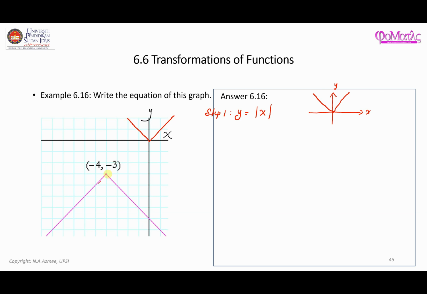The number of units should match the point given here, which is at -4. Therefore, for the second step, I need to introduce x plus 4. By doing this, I will be moving this graph 4 units to the left. So this can be visualized as such.